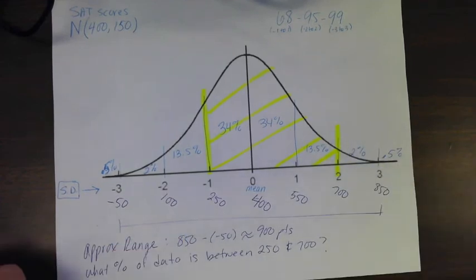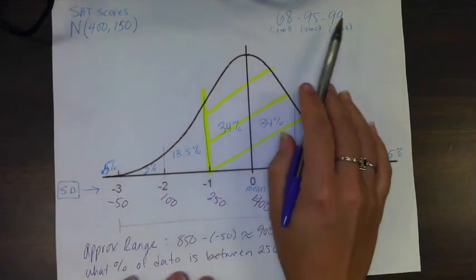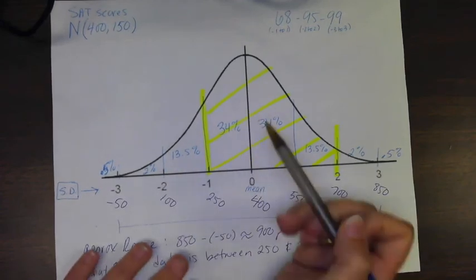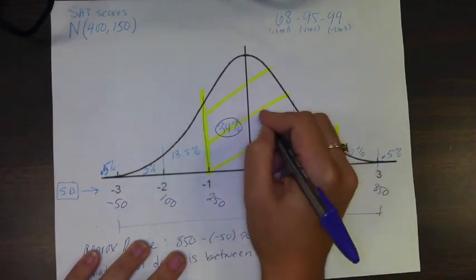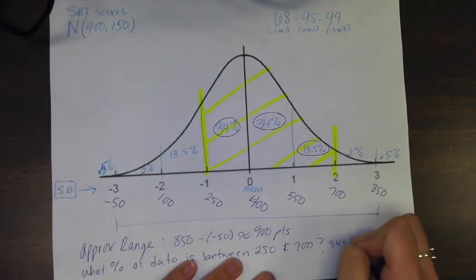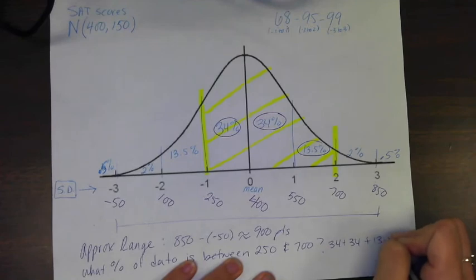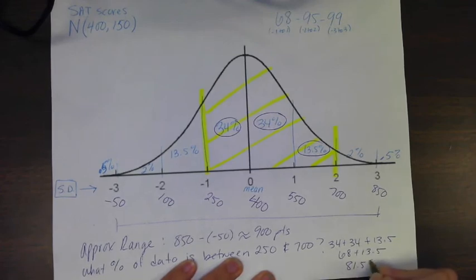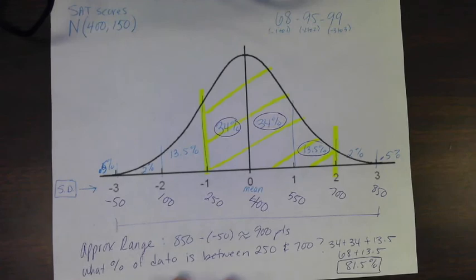And as long as you know your percentages, your 68, 95, 99, you can break them down. I'm just adding up now 34 plus 34 plus 13.5. That's 68, and that's going to be 81.5. And that is my final answer.